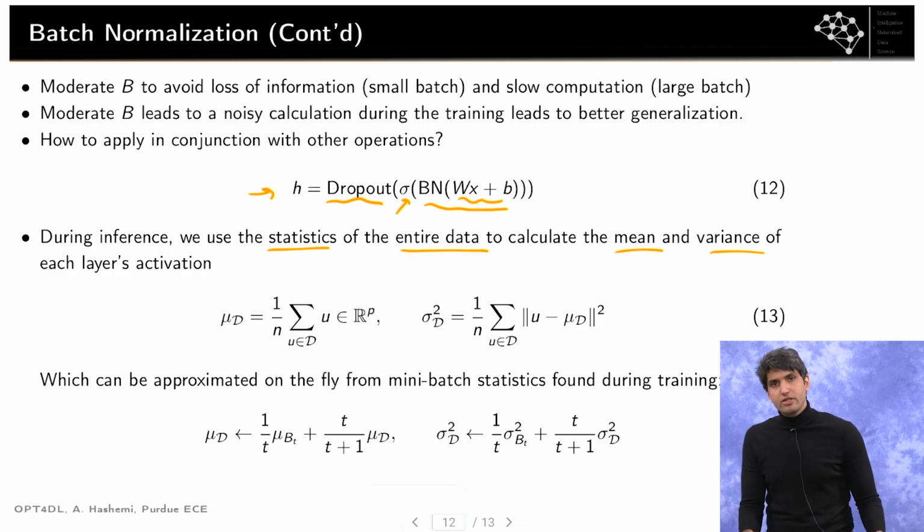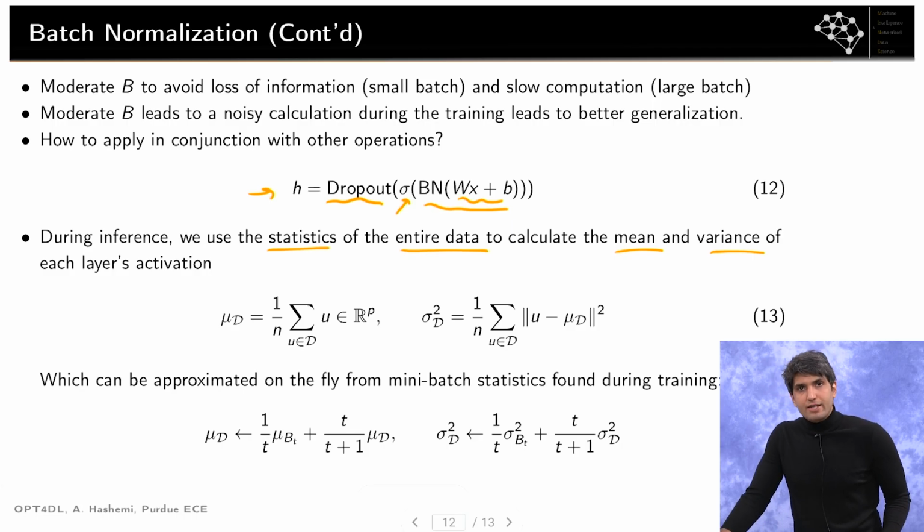The idea here is that we need that noise during the training to make sure we find a good generalizable solution, but during inference we want to be as accurate as possible.